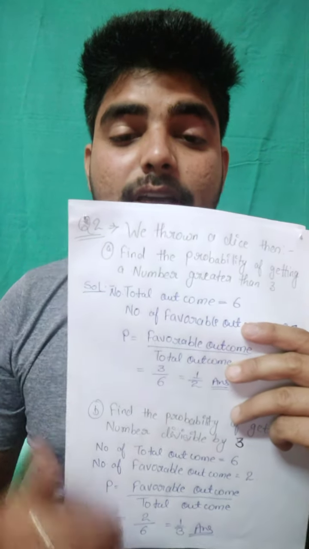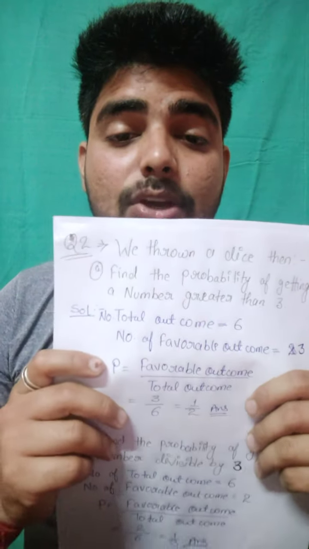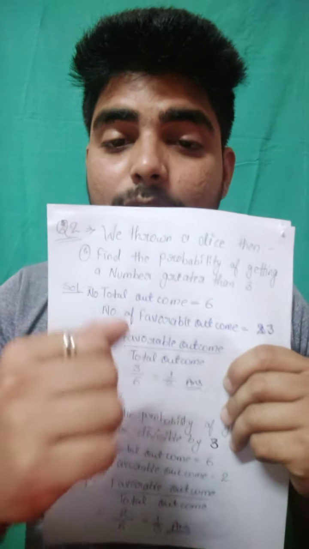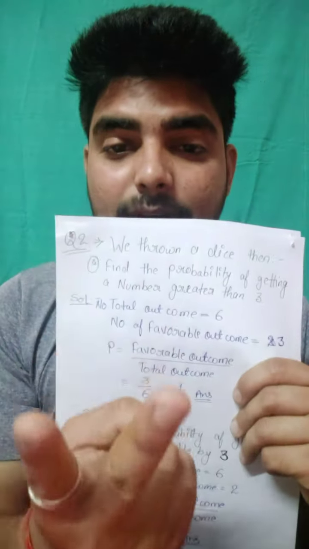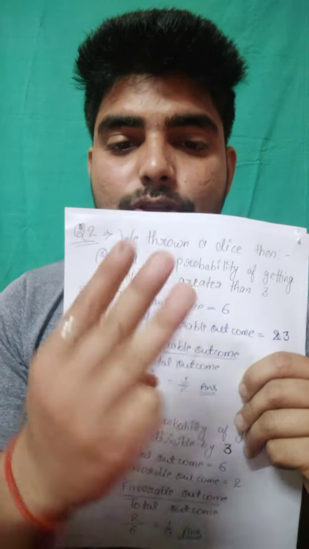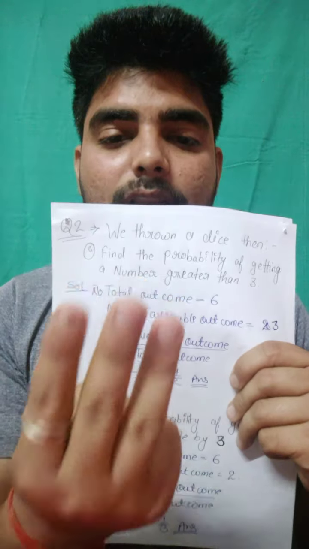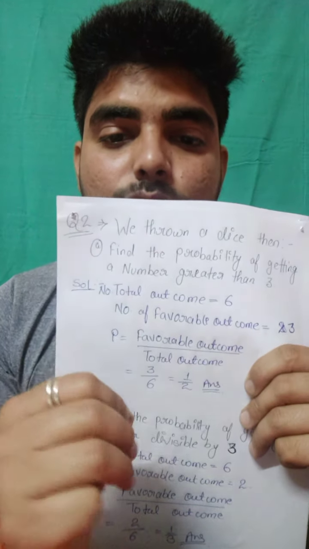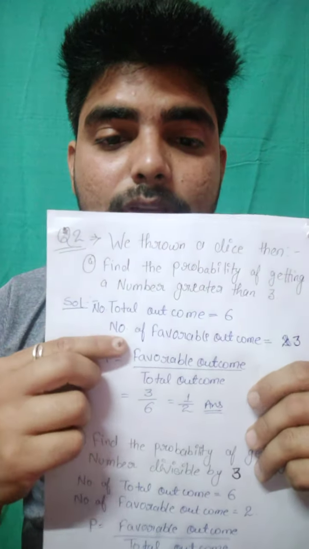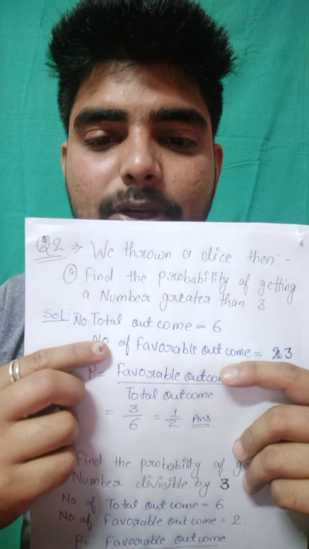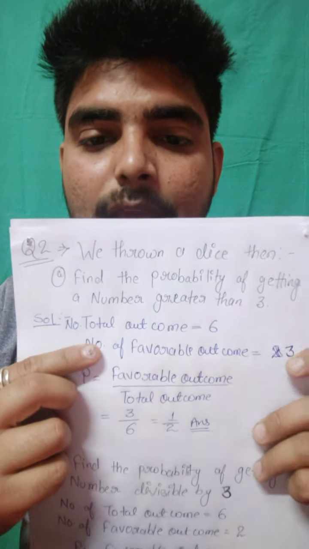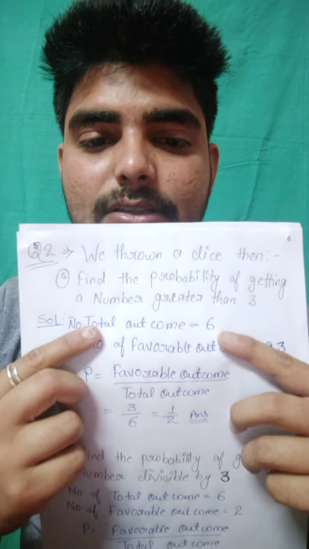What are the outcomes which are greater than 3? It might be 4, 5, or 6. So, in this case, 3 numbers are greater than 3. So the favorable outcome in this particular case is 3 and total outcome will be 6.